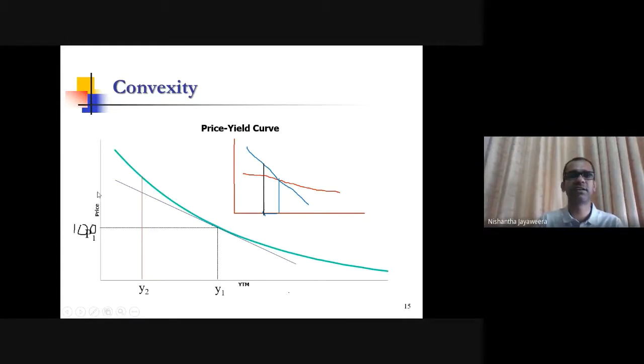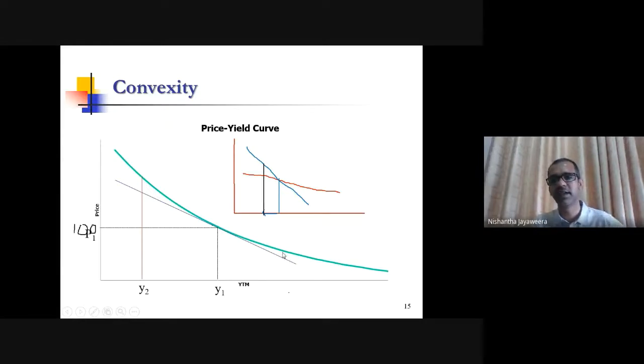So we get 103 here, but the exact price would be more than that. Remember, it is always higher than that. Even on this side, if you move to this side and yield increases, the actual price is higher than what is predicted through modified duration.